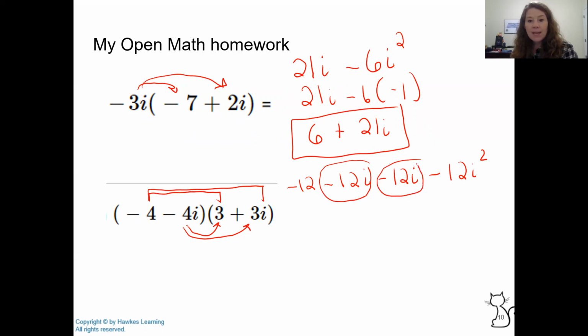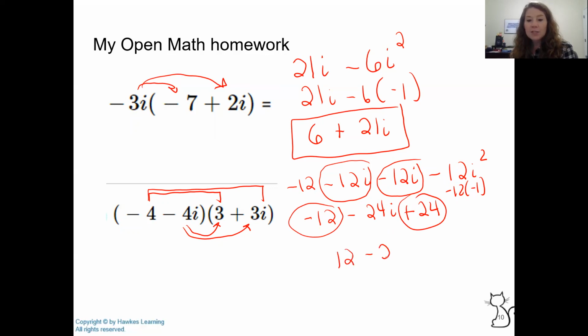Since we have that i squared, that is equal to negative 1. So we have negative 12 minus 24i, and then negative 12 times negative 1 is positive 12. Negative 12 plus 12 is 0, so we're left with negative 24i, and that is our final answer.